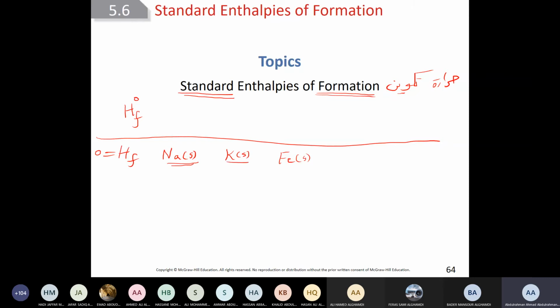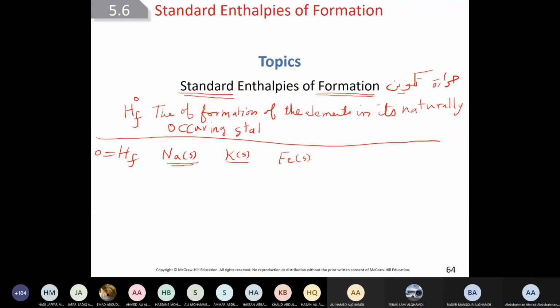We will agree that the heat of formation of the elements in their naturally occurring state is 0.